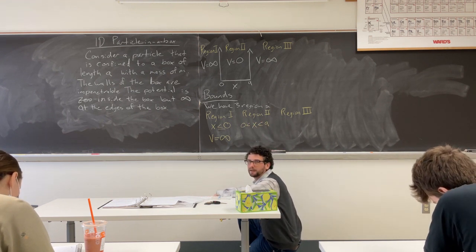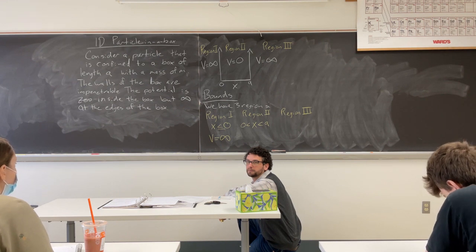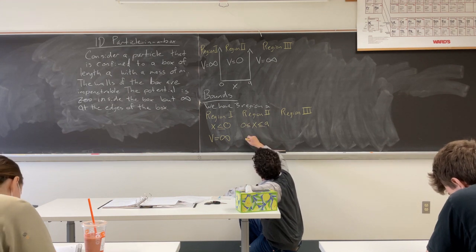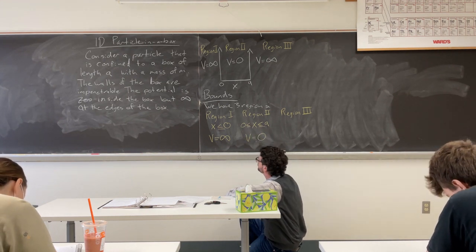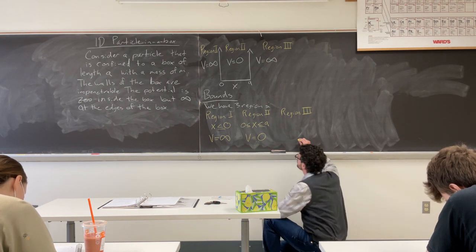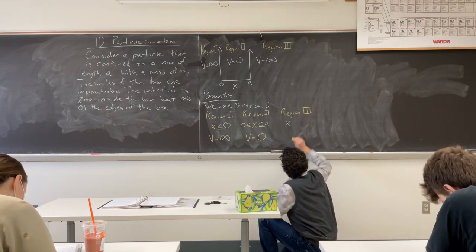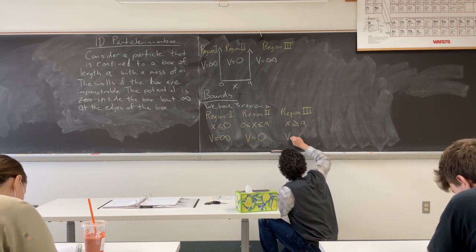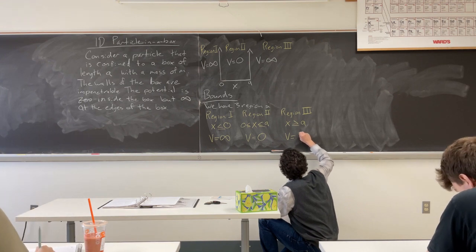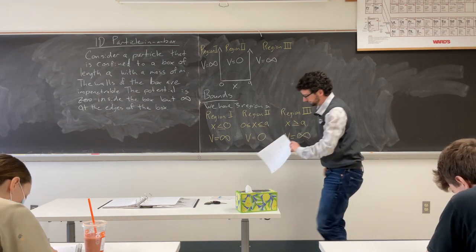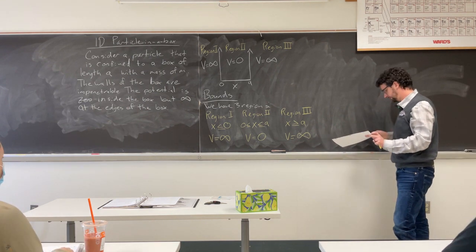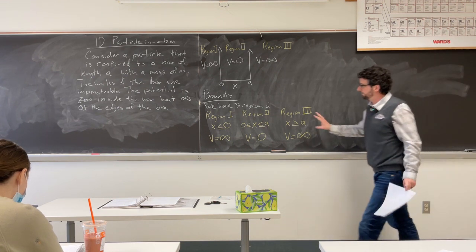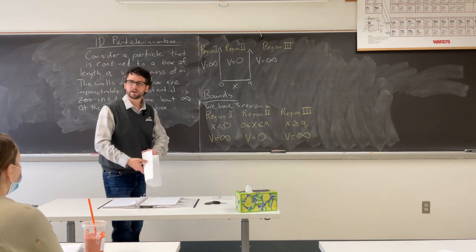Yep, and what else do I need to indicate on here? Yep, they could be equal. V is 0. And region 3. Yes, and what's the potential? Yeah. We have our regions. We've described what's going on there.